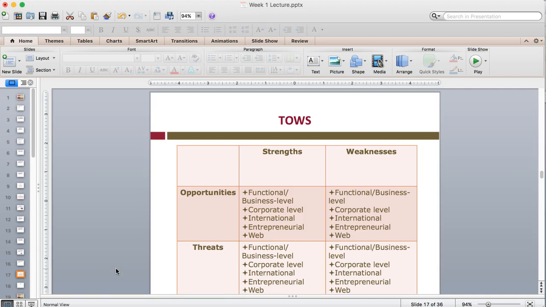So you can say, okay, I have a strength in this area. I can use that strength to take advantage of an opportunity. And here's how I'm going to do it, either at the business level, the corporate level, the international level, and here's the specific recommendation that I'm going to make.